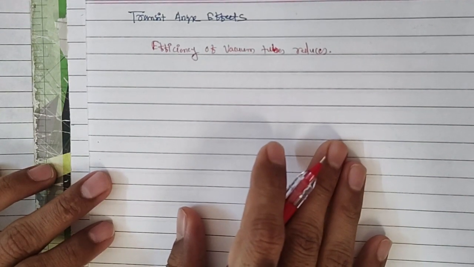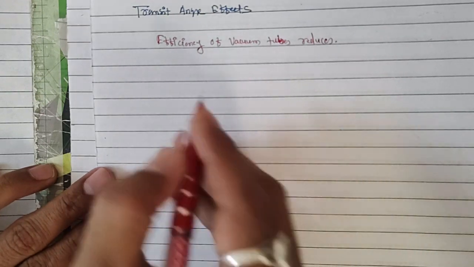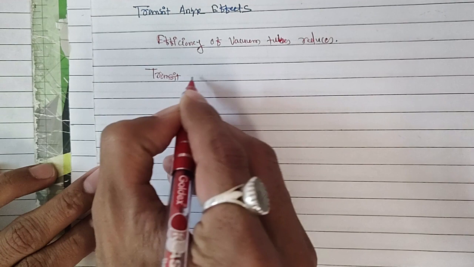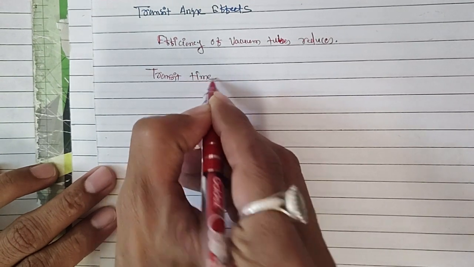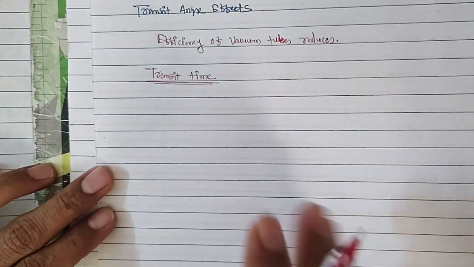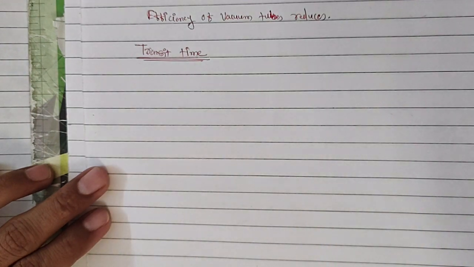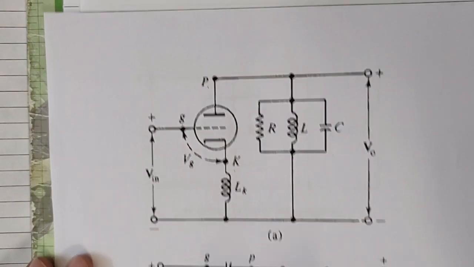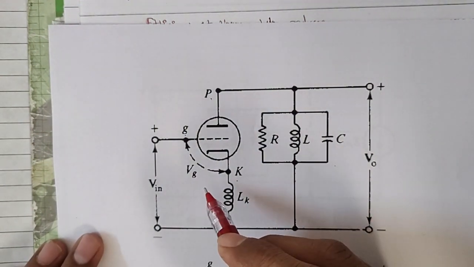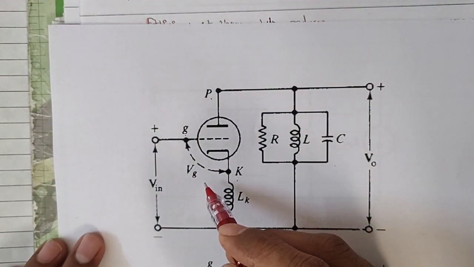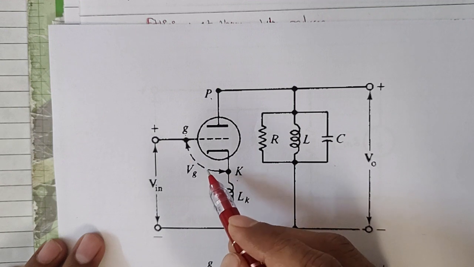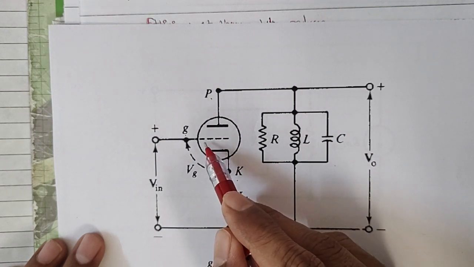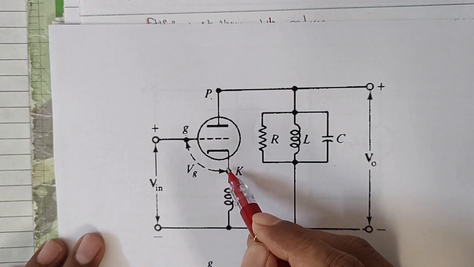So what is this transit angle effect? For this, first we will try to understand transit time. Transit time is actually time required for electrons. If we consider the same circuit, triode, the transit time is time required for electrons to reach the grid when they have started from cathode.